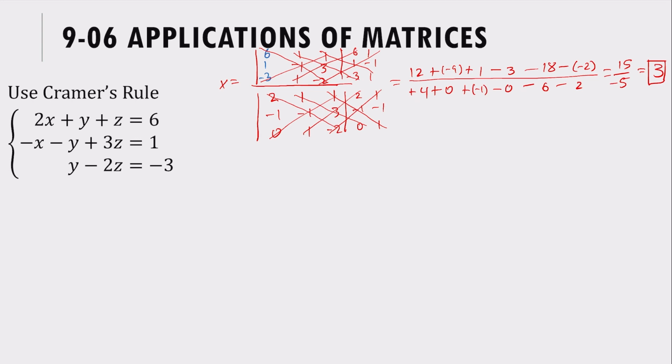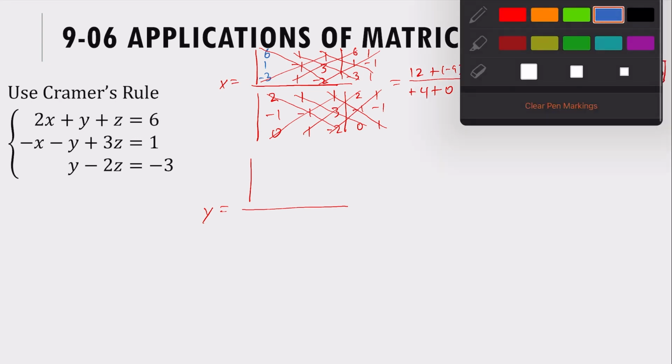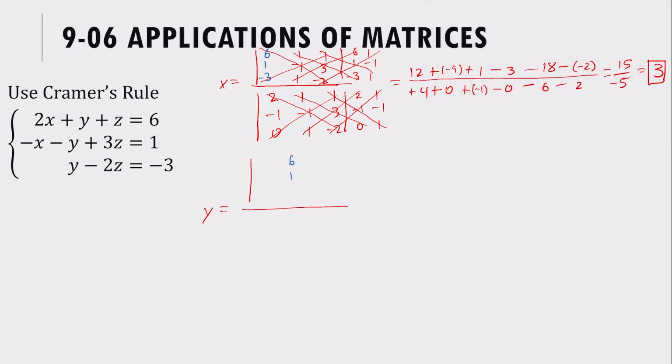Of course, this problem wants us to solve for the others, so let's go ahead and solve for y. The top, the y column, the second column, is the constants. All the other columns are still the coefficients. So it's the coefficients of x, the coefficients of z. And now the bottom is just the determinant of the matrix of the coefficients. Well, we already figured that out was -5, so why do it again? Let's just leave it as -5.